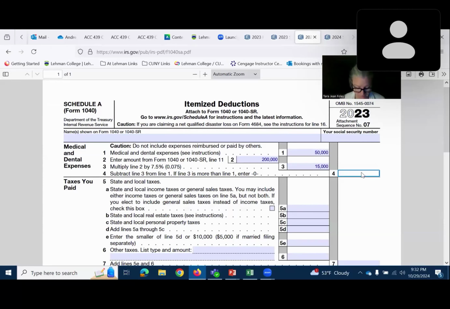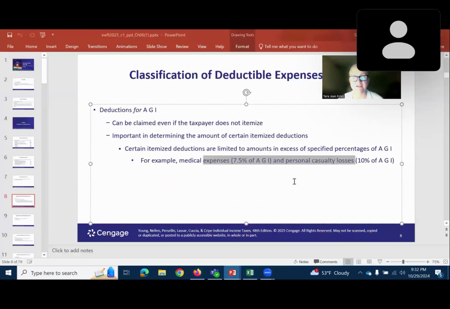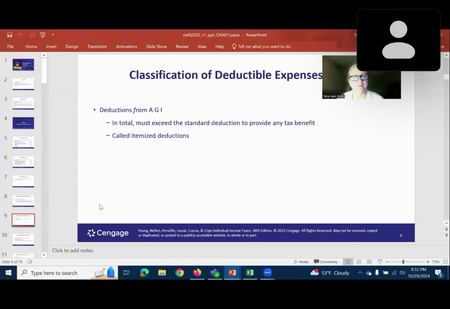So I'm only allowed to deduct how much? 35. Right? So there's some limitations. That's as simple as it is. There's some limitations that we're going to get to.